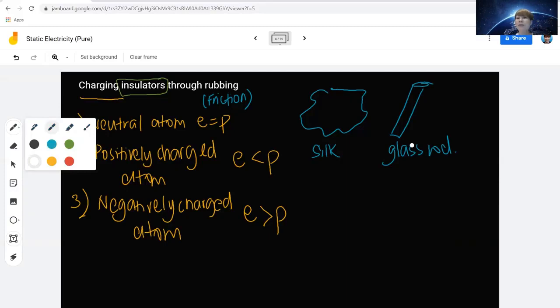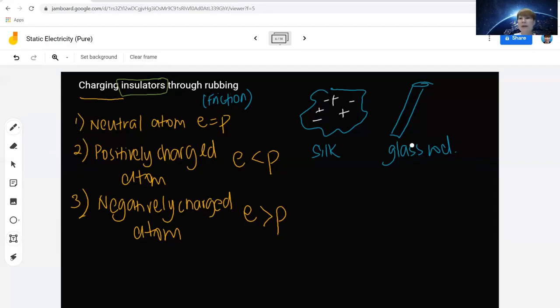So the number of electrons and protons in the silk and in the glass rod are equal within each object. Say silk has 3 electrons, then it also has 3 protons. For the glass, if there are 4 electrons, they are balanced by 4 protons. So right now, at the beginning, they are both neutral.